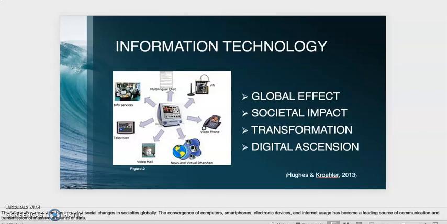The information revolution. The information revolution has impacted social change in societies globally. The convergence of computers, smartphones, electronic devices, and internet usage has become a leading source of communication and transmission of massive amounts of data.